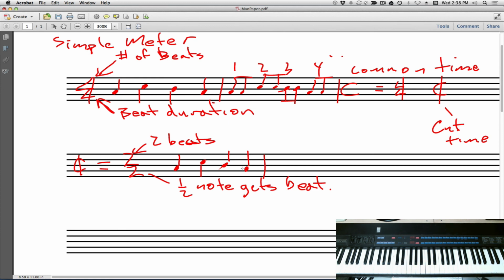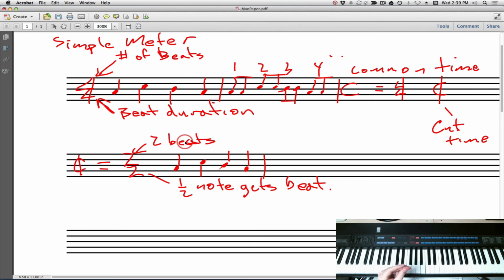So if the beat stayed the same, if it were in 4/4 here on this one, if we were on 4/4 here and the beat were here, then that's how that would be played.